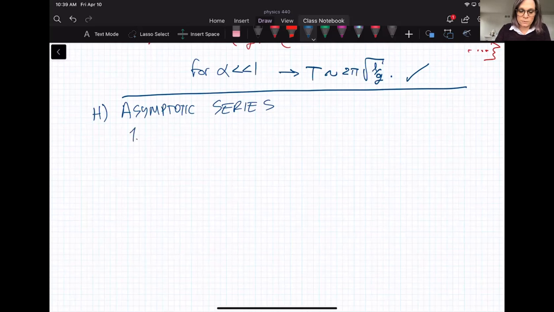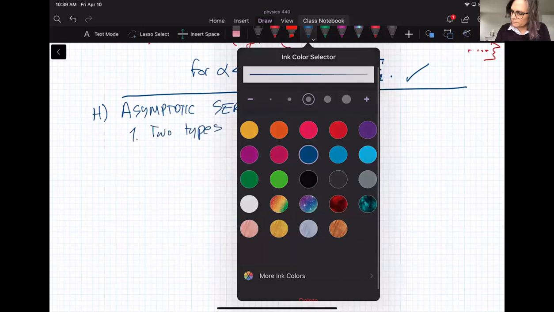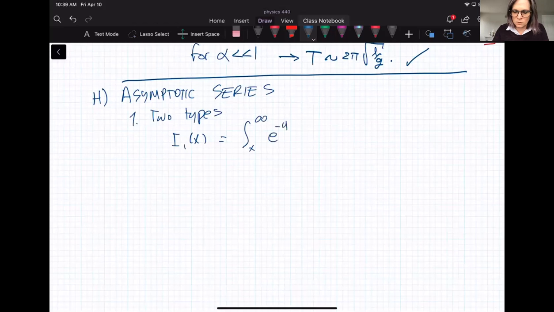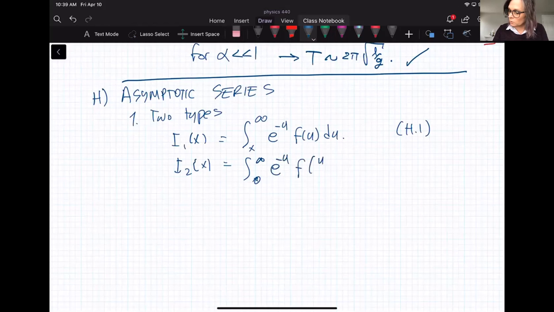Generally speaking, there are two types that we're interested in. I1 of x looks like this: the integral from x to infinity of e to the minus u f of u du, and I2 of x, from 0 to infinity of e to the minus u f of u over x du.